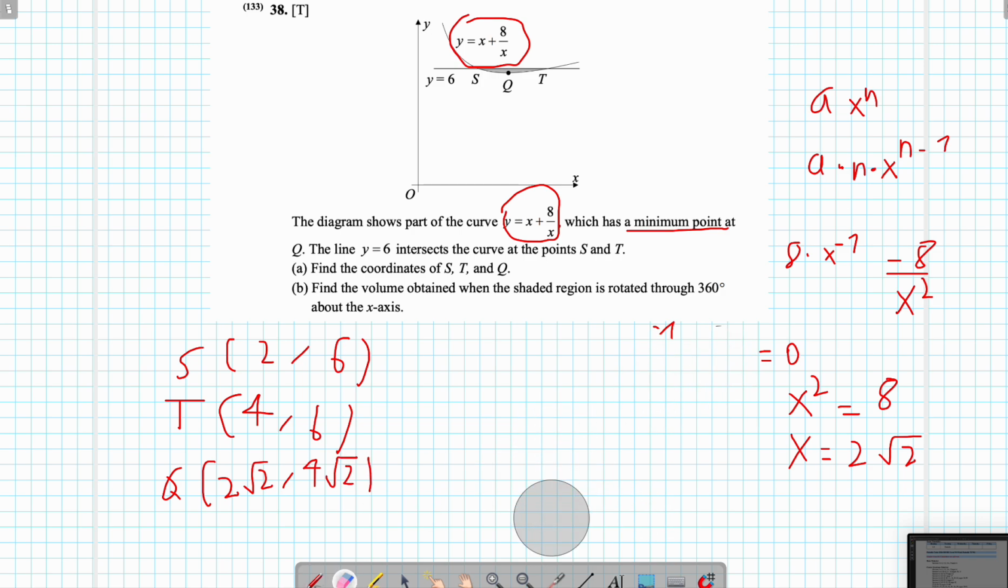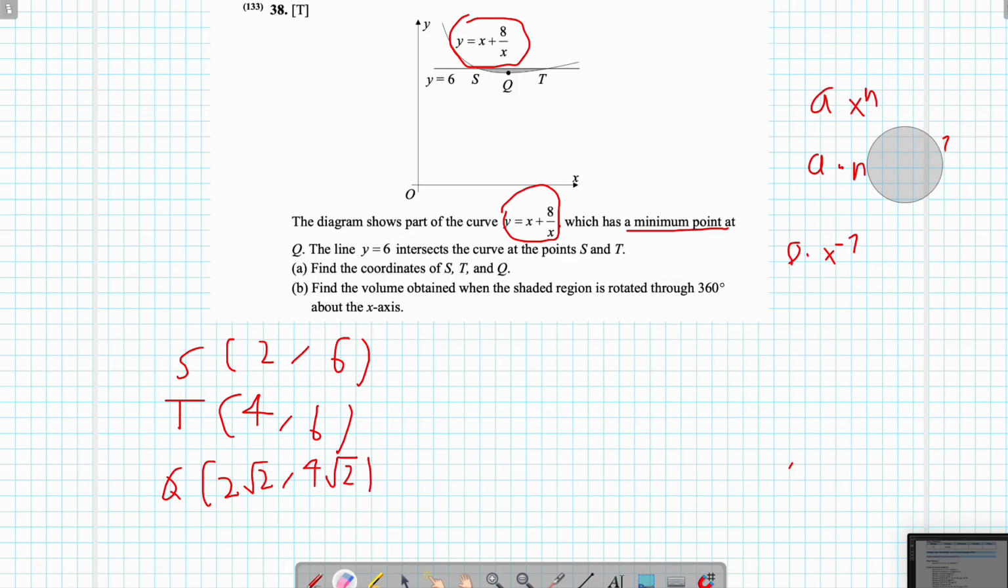Find the volume obtained when the shaded region is rotated through 360 degrees about the x-axis. Look, here we have a line and a curve, right? And when we do this, we do farthest from the line of revolution minus closest.